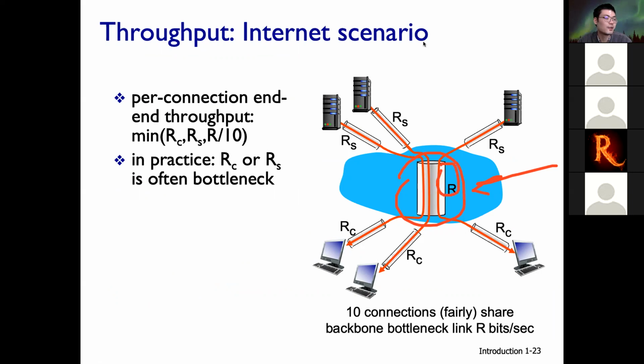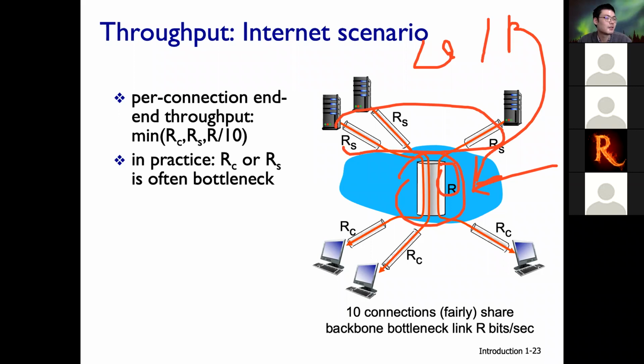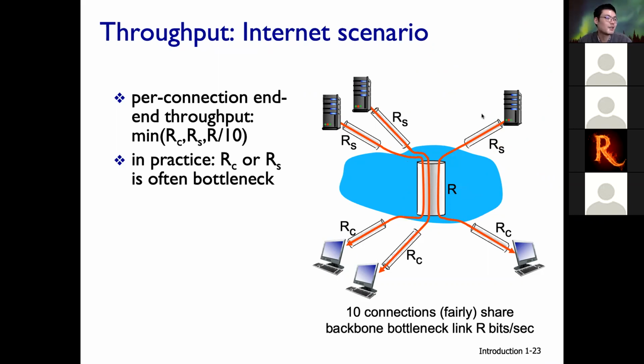Remember La divided by R? We will over-deploy this R to be much larger than the summation of the Rs. Then there will be no queuing delay. So usually the actual bottleneck is often the first link or the last link, from your end to the ISP or to the destination.